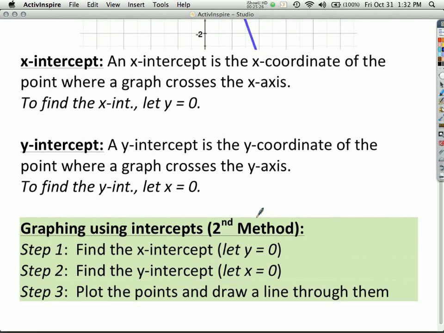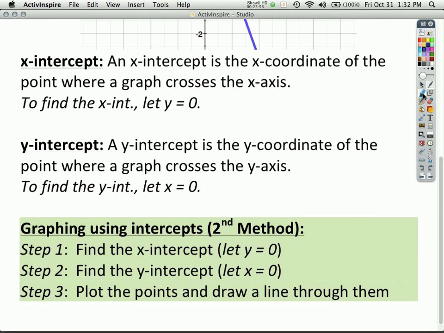So here it is. It's called graphing using intercepts, and it's the second method. The first method was making a table. So step 1, find the x-intercept. Step 2, find the y-intercept. Step 3, plot those 2 points and draw a line through them, and now you got the graph. It's a pretty simple set of steps. Find the x-intercept, find the y-intercept, plot the points, draw a line.